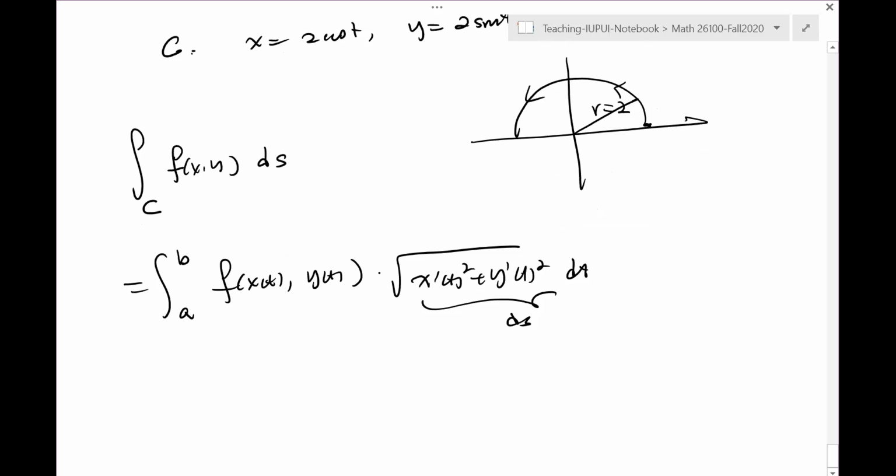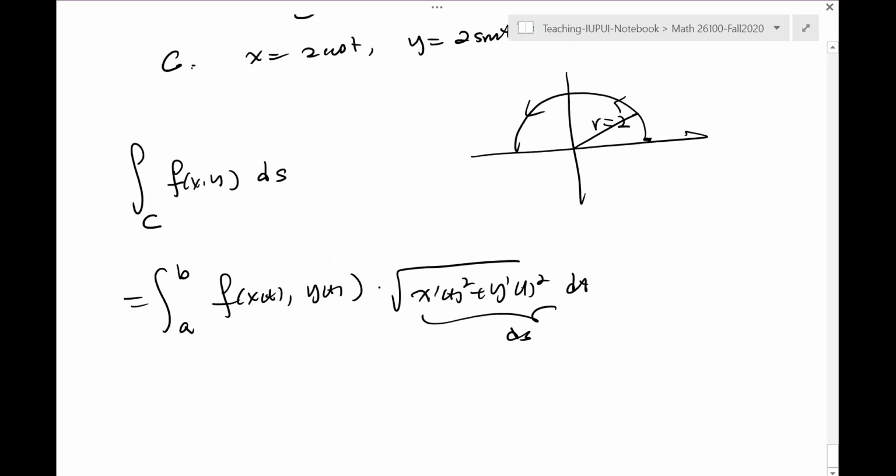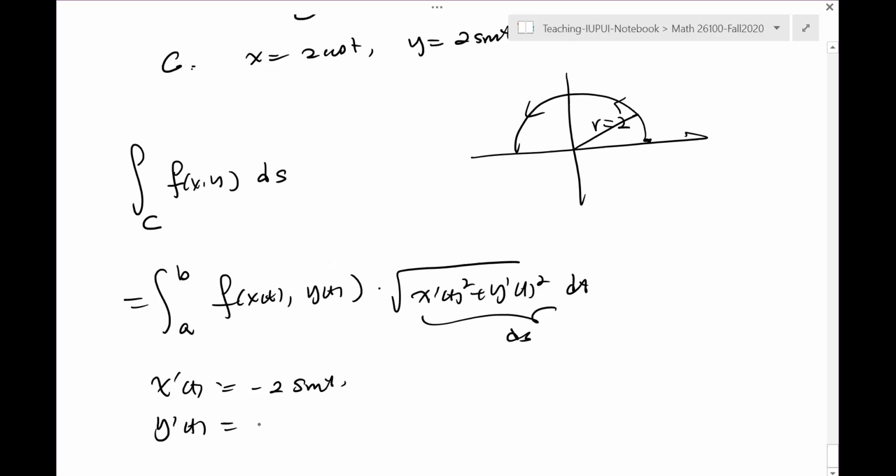Now for our function, x prime(t) equals -2 sine t, y prime(t) equals 2 cosine t.